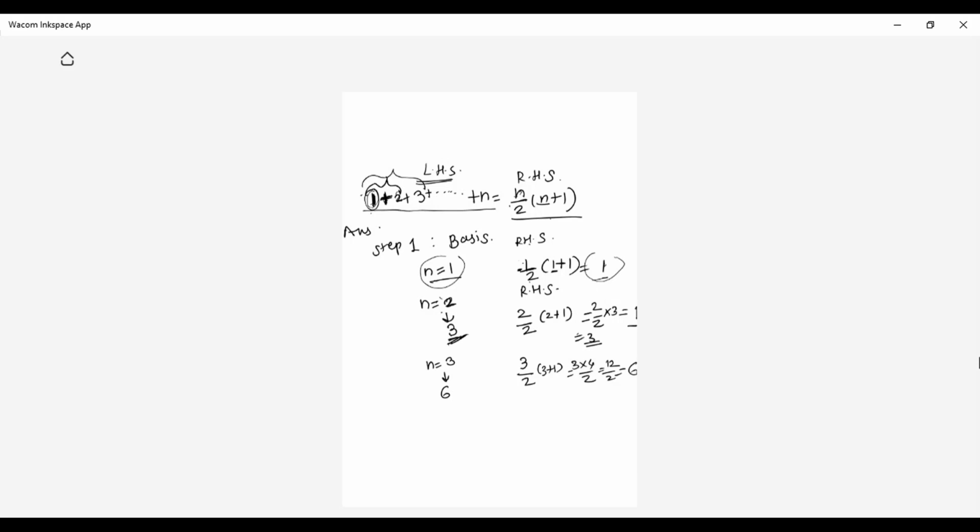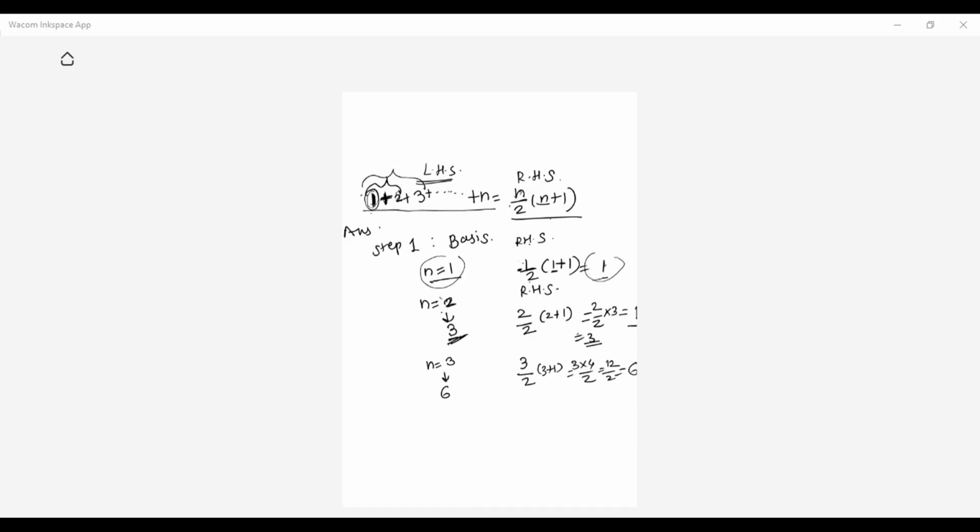Whenever I put some specific value for n, I'm going to get the same value for RHS. So LHS is equal to RHS. So whether our base is true, student, say something. Have we proved that the base is true here, yes or no? Yes. So the base is true.